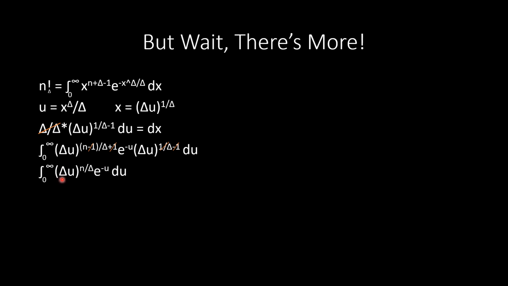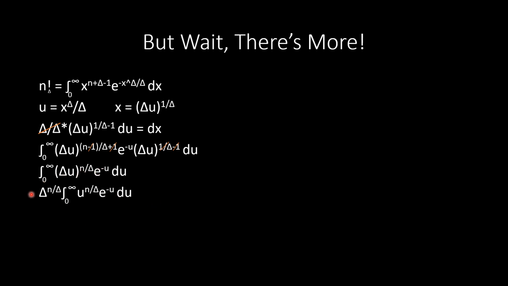Now, since we have this delta to the power of n over delta, not having any dependence on this variable u, we can just take it out as a constant. Doing so, we have delta to n over delta times the integral of u to the n over delta e to the minus u du.